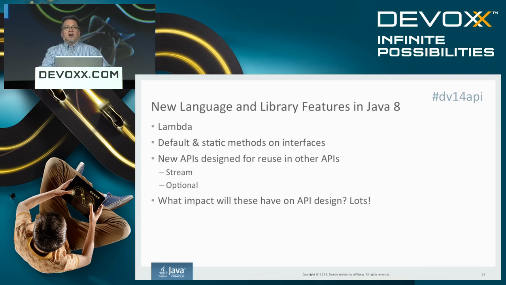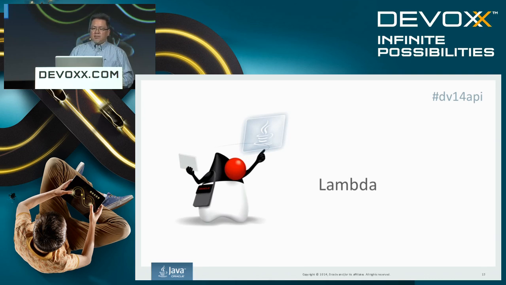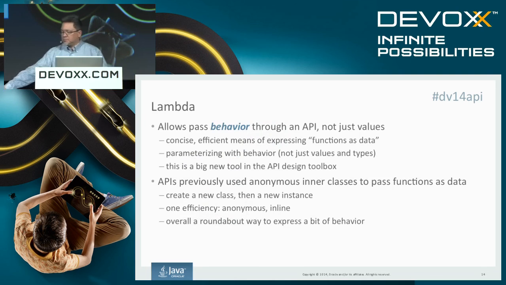In addition, there's a whole family of new APIs that have been added to Java 8, and those APIs in turn can be used in other APIs and new APIs, and so those too change the way you will write APIs in Java 8. So there's a big impact of all of these on your API design. All right, so let's dive into the Lambda stuff here.